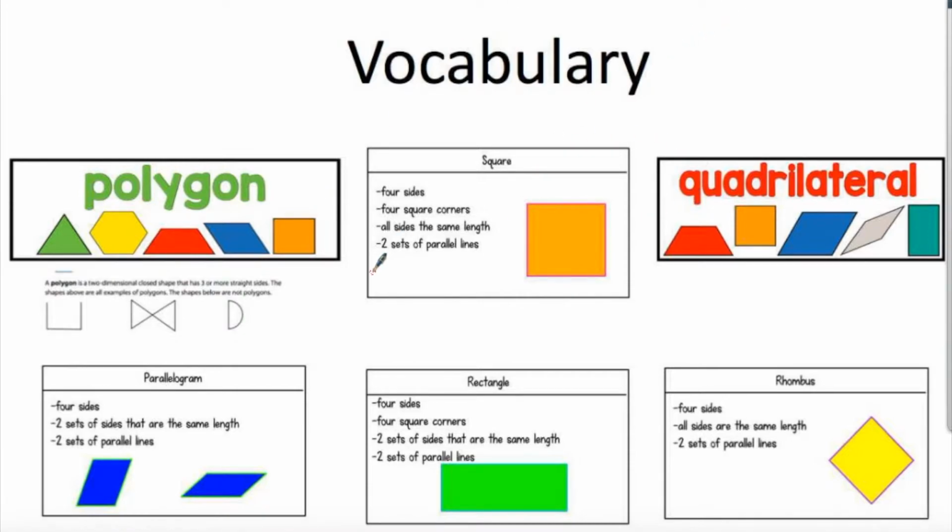I've got a couple different shapes that we're going to look at today. A square, and I have the attributes of each shape here. Attributes meaning how we would describe each of these shapes.